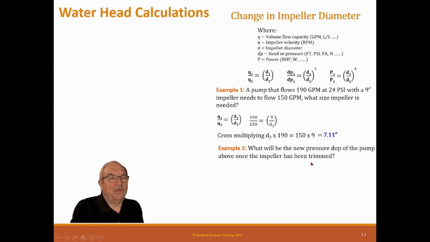Example, what will be the new pressure drop of the pump above once the impeller has been trimmed? Okay, that's a good question. So now we've got the formula for squared for the pressure. So then we have 24 psi over dP2 equals 9 over 7.11, which we found before, squared. So 24 over dP2 equals 9 squared over 7.11 squared.